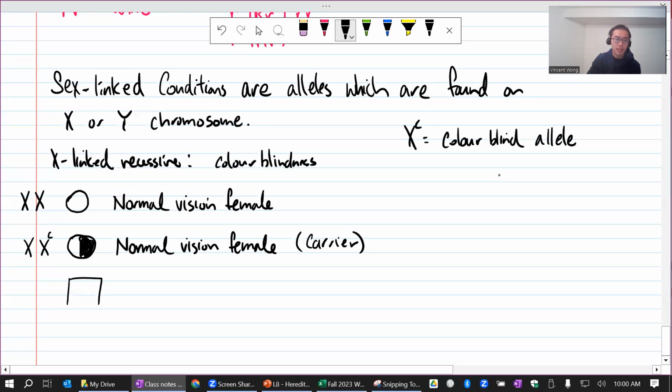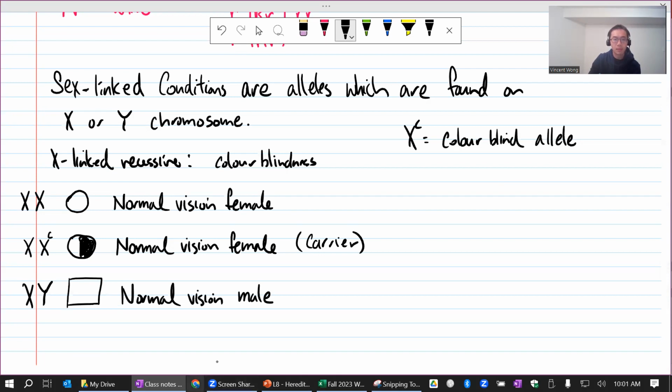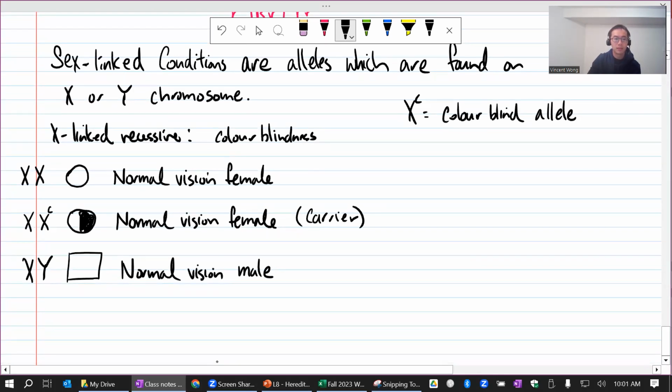Okay, what is this? This would be a XY, a normal vision male. And then this one is colorblind. Colorblind male.